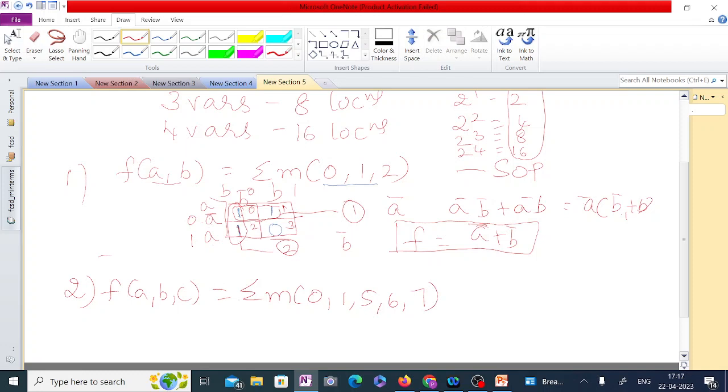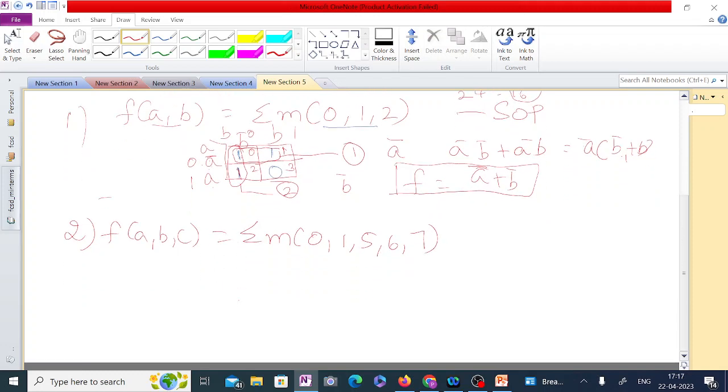Now, for three variable expression, you will have 8 locations as I've already told you. It is with the power of 2. So, these are the locations.